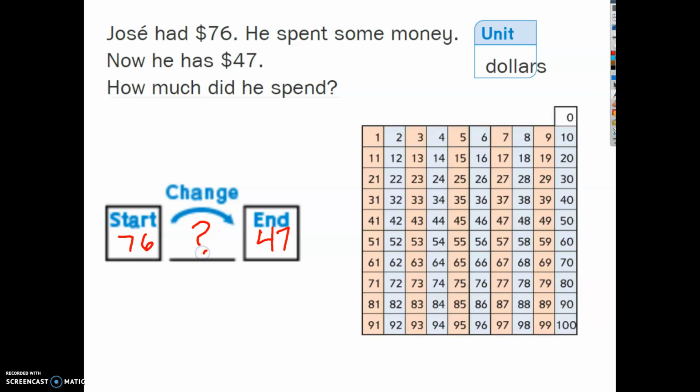So we're going to put a question mark in the change because we don't know how much he spent. So we can start at 47 and count up to 76 to give us our answer. Here's 10, 20, 21, 22, 23, 24, 25, 26, 27, 28, 29. So 76 minus 29 equals 47.